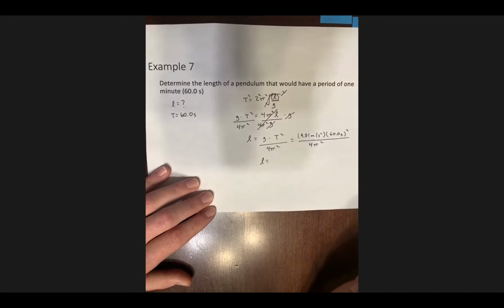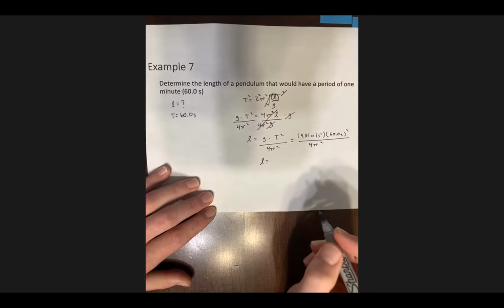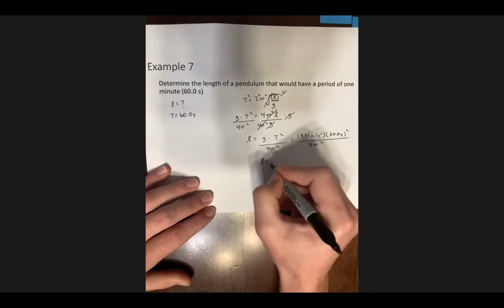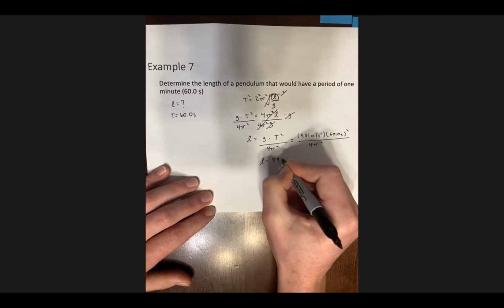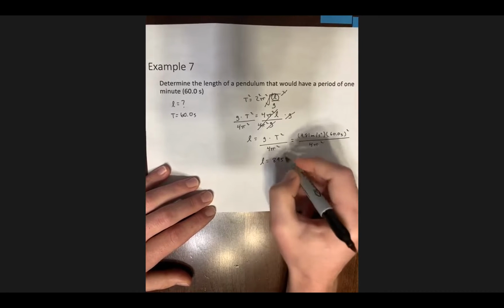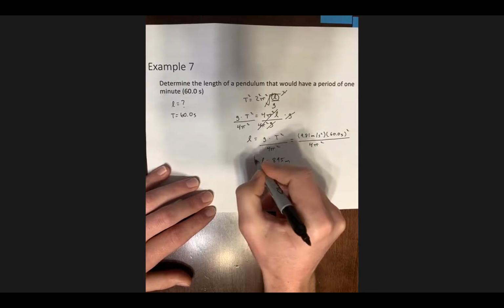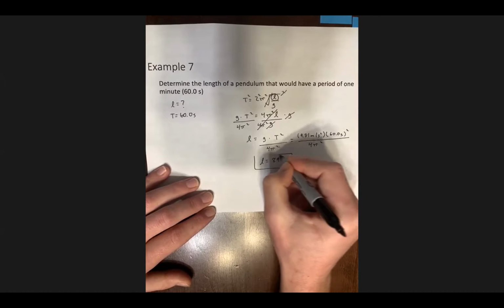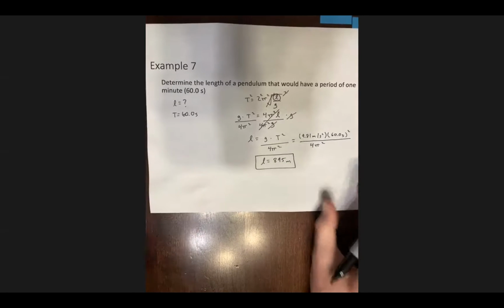If we punch those into the calculator and we round for sig digs, we should get a length of 895 meters long. That's a really, really big pendulum.